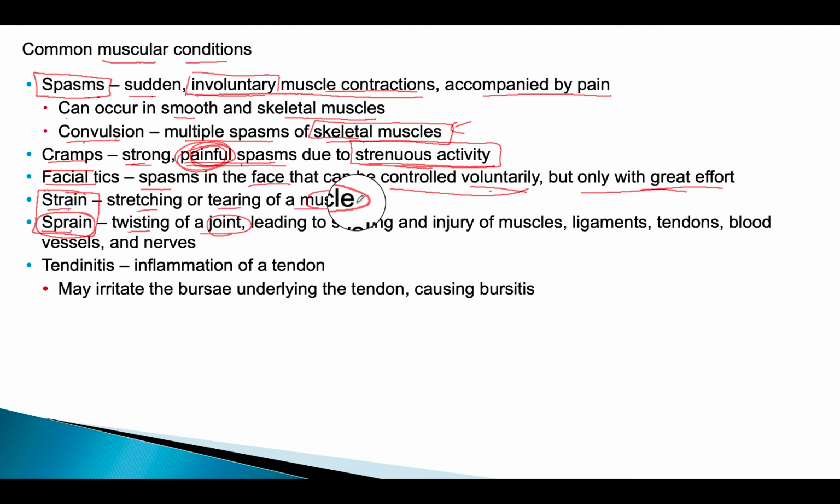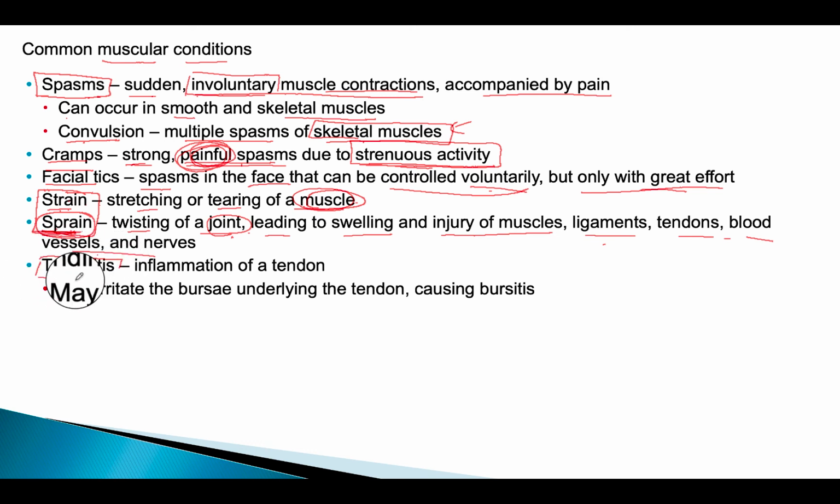Strain refers to muscle. Sprain refers to joints. Okay? So when a person sprains a joint in the body, this could lead to swelling and injury of muscles, ligaments, tendons, blood vessels, and nerves. So more damage can occur in sprain. Strain, muscle. Sprain, more damage to other parts of the joints.